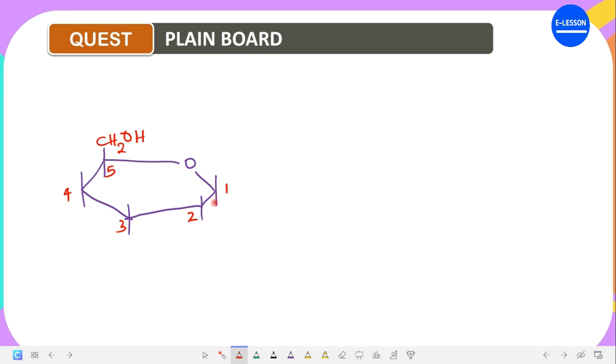For isomaltose, from carbon 1, the linkage. So we have OH here initially. Now, from carbon 1, it will form a linkage with carbon 6. Let me write it in such a way that this will be CH2OH.